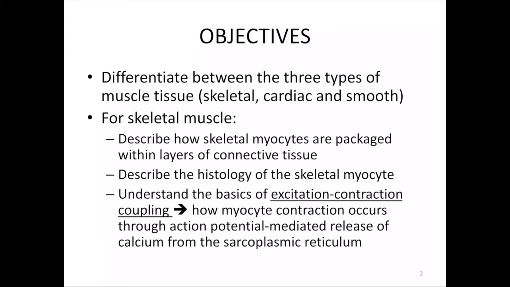All right. So for skeletal muscle, we'll start off with a broad overview of the tissue, how it's comprised. We'll talk about how the skeletal myocytes are packaged within layers of connective tissue. So again, there's a very precise organization of the myocytes and the connective tissue packaging. And then we'll spend the rest of our lecture going into detail about the histology of the skeletal myocyte.